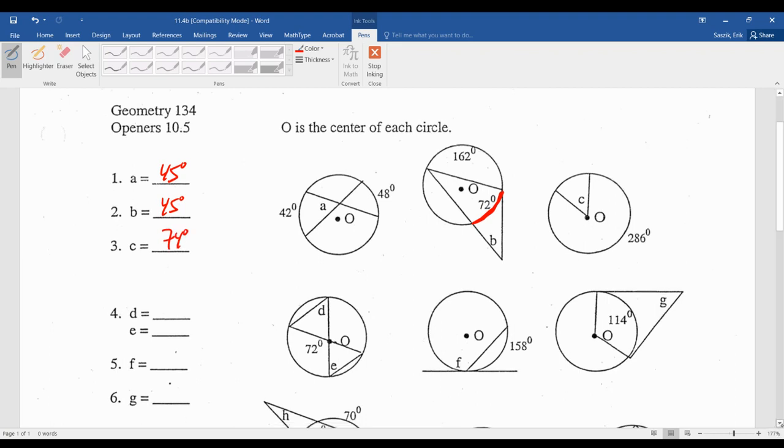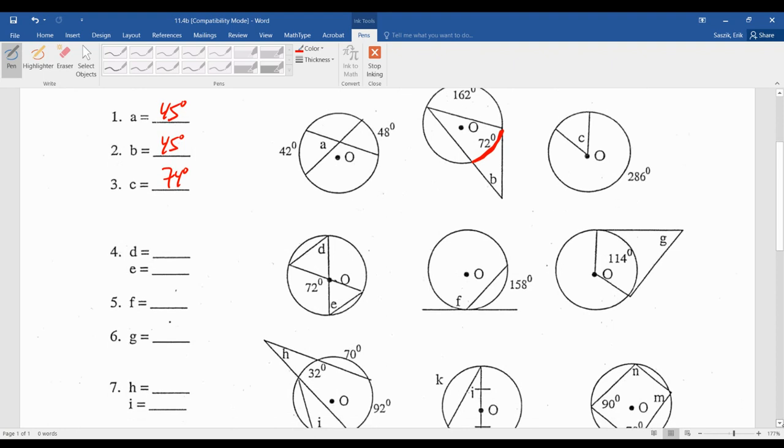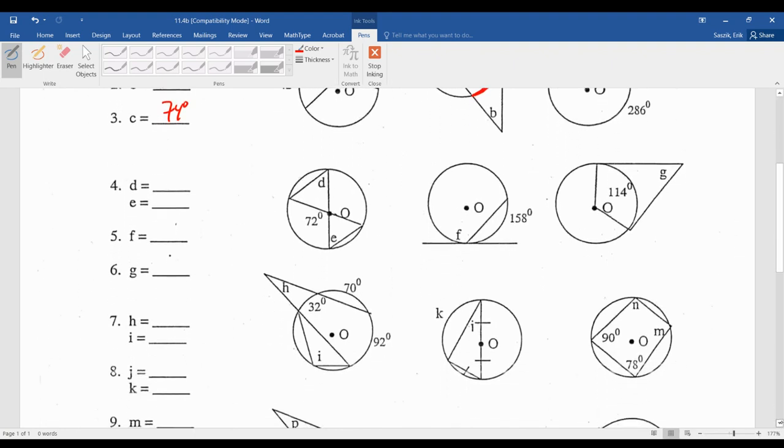Okay, moving down here. Pretty straightforward. It's not until we get to a little further down that it gets more interesting. 36 degrees. These are like warm-up, feel-good problems here. This would be 36 degrees as well.